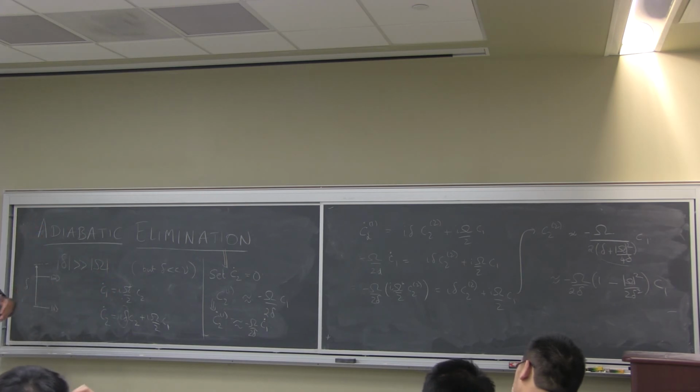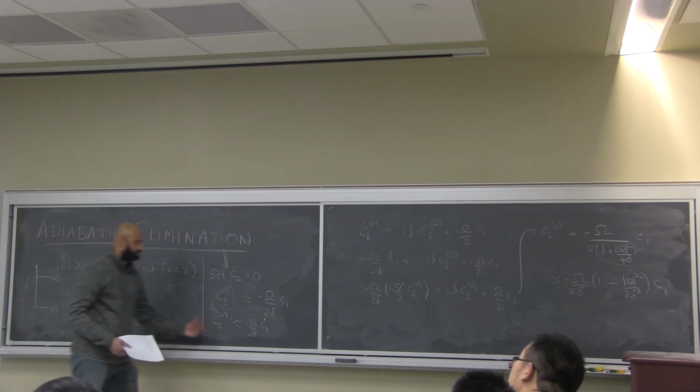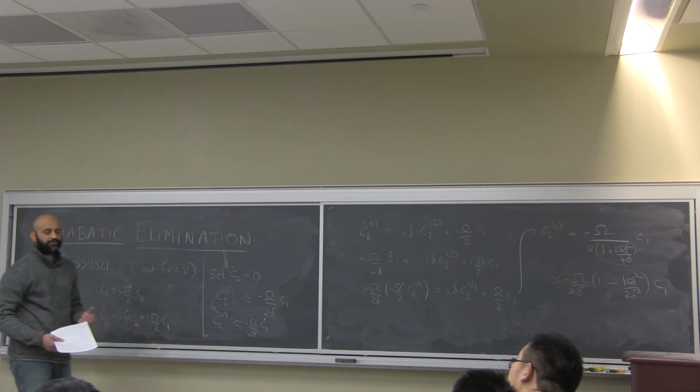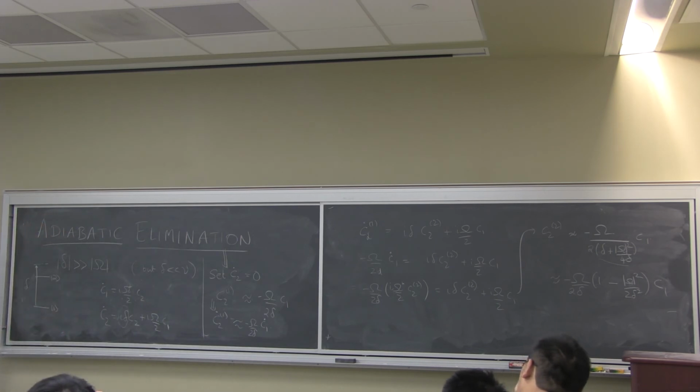So to find the amplitude to be in C1 or C2, we're going to coarse grain the evolution. Meaning, we're going to take some unit of time, tau, to step through the equation, and this tau will be large compared to 1 over delta. So there will be many oscillations.